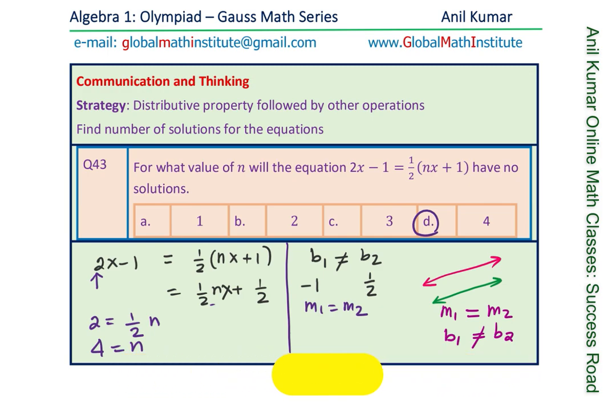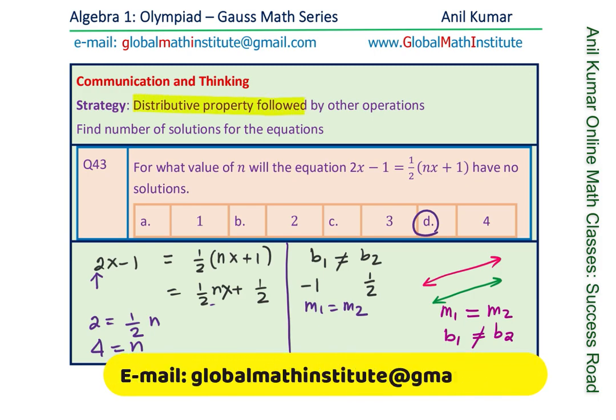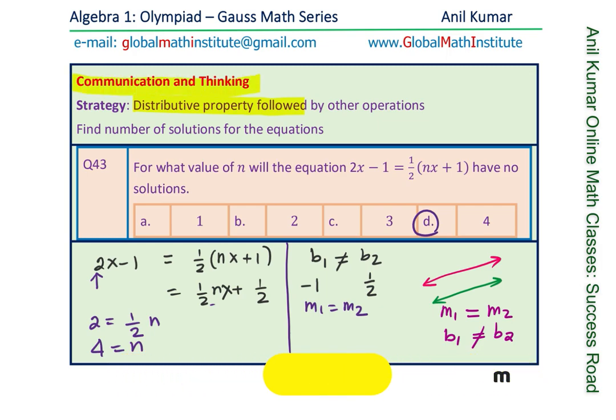Perfect. So in these examples, you see, we learned quite a few things. One, we applied the distributive property in many of our examples and rearranged the terms. We also looked into equivalent expressions, and that is why it's a communication and thinking question. You have to explain why you got this particular answer for this question, right?